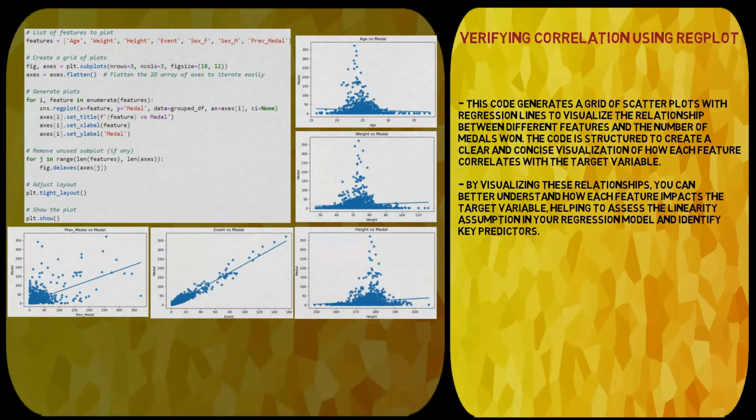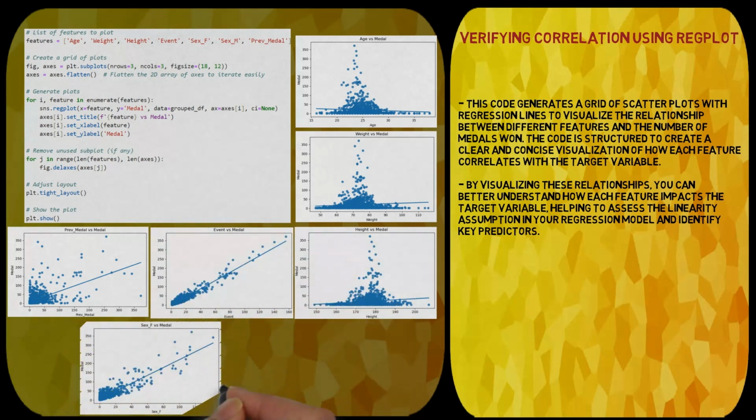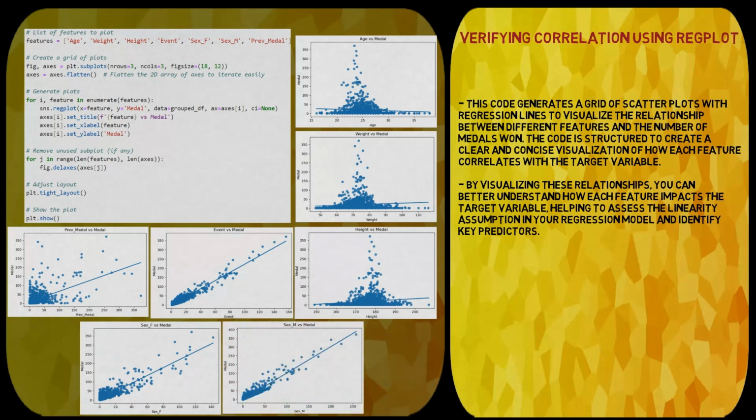This step confirms which features are worth keeping for our model. For instance, we observe that age, weight, and height have low correlations with the number of medals, indicating that these might not be strong predictors.